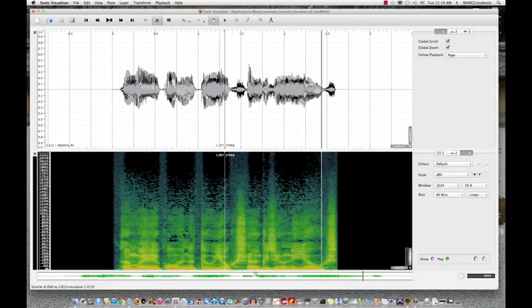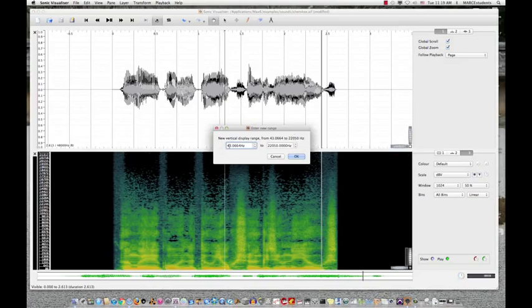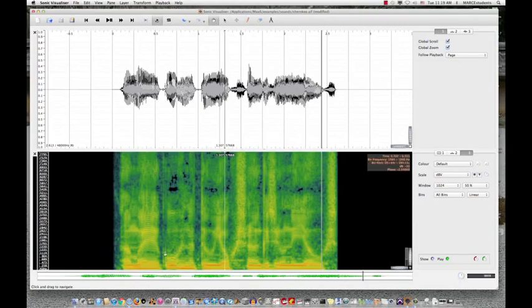I could change this scale for a second so we can actually see a closer representation. Right now it's set up from 43 to 22,000 vibrations per second. If I change this and narrow it down to maybe 8,000 cycles, we can now start to see where these particular frequencies are down here and how strong they are.